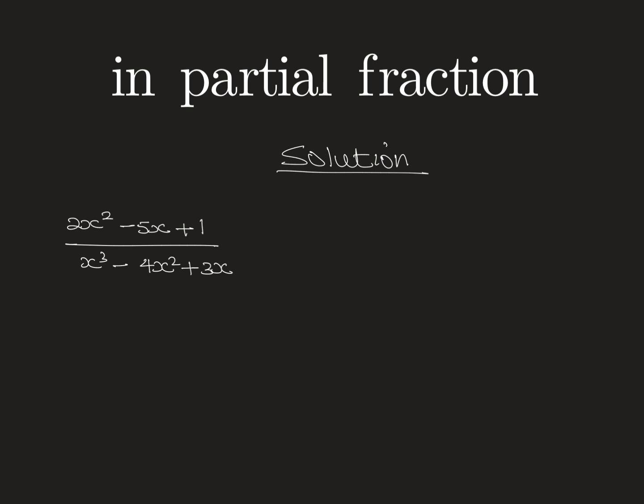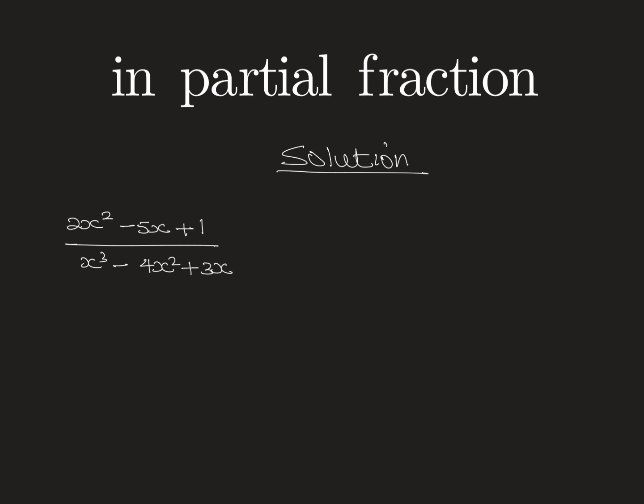To work with the denominator, if you look at it here, we have a cubic function, x to the power 3 minus 4x squared plus 3x. Is there any way we can factorize this? It's possible, because x is common everywhere. We have x, we have x, we have x.